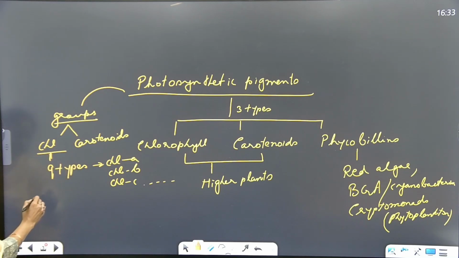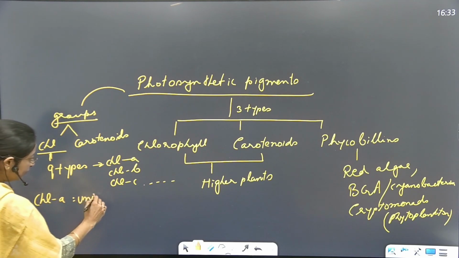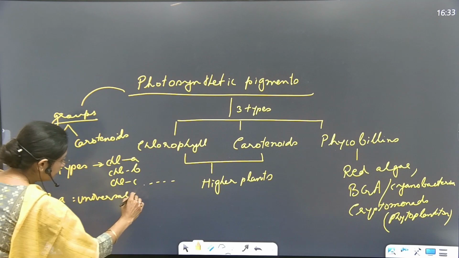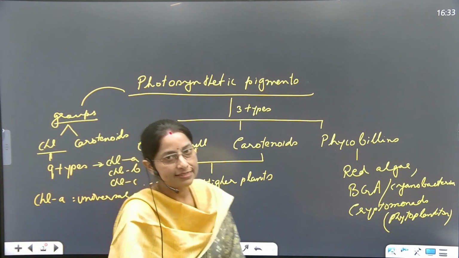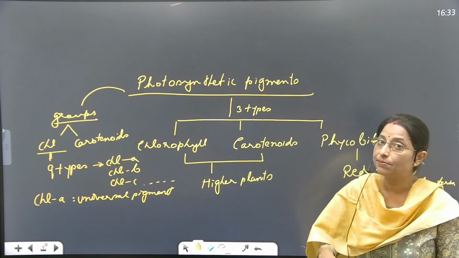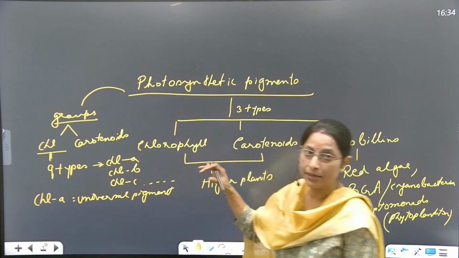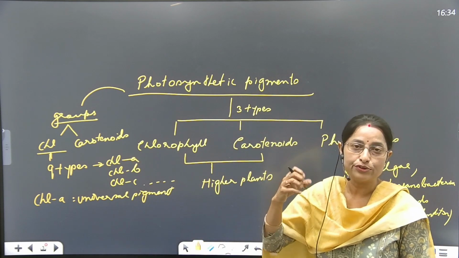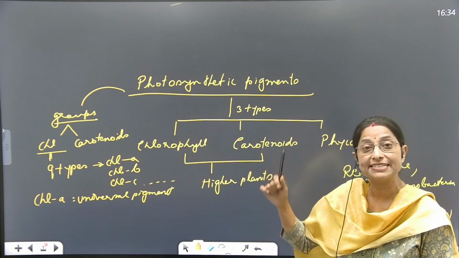Out of these 9 types, chlorophyll A is called the universal pigment. Right? So light is taken by photosynthetic pigments. Photosynthetic pigments does not mean only chlorophyll. It is a group of pigments; in the group there will be chlorophyll, and along with it pigments like carotenoids.